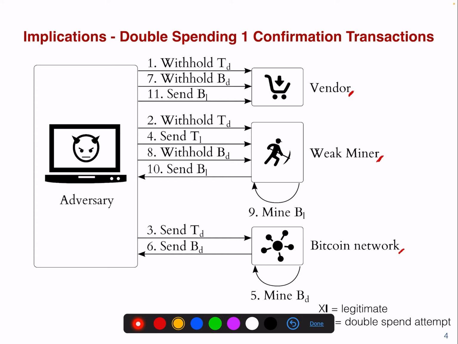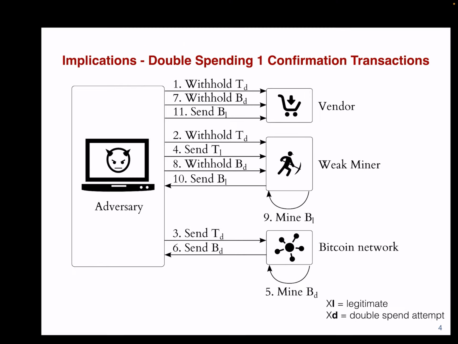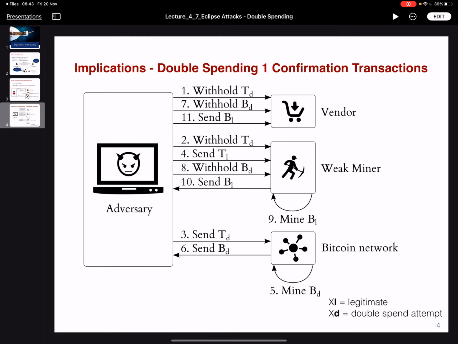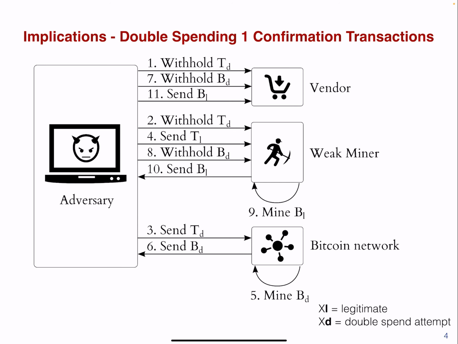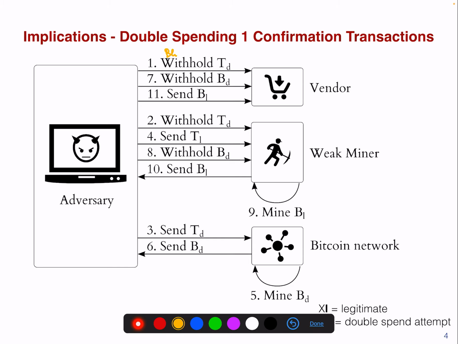So here we first blind the vendor, so withhold or blind, a message to the vendor about this particular transaction, right? So that's the beginning.